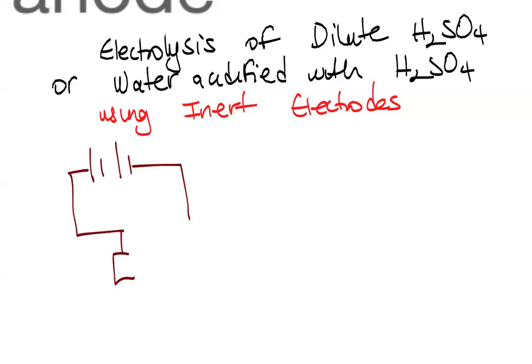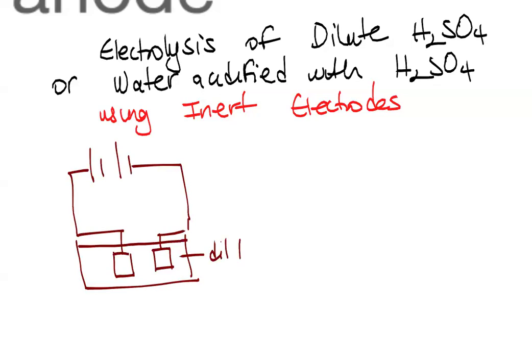So here we go. Right, so my electrolyte is the dilute H2SO4. This is my cathode. This is my anode, of course. Cathode negative, sorry.